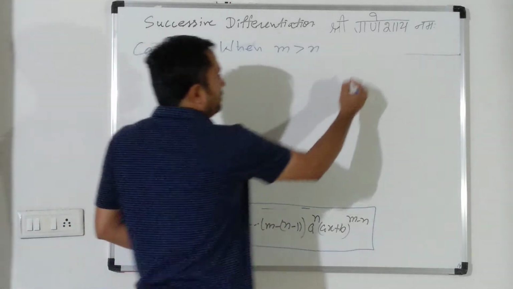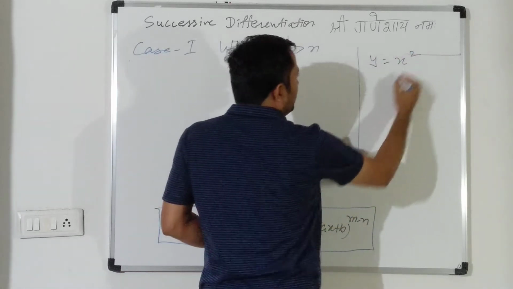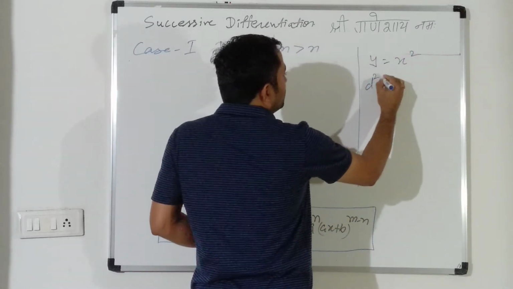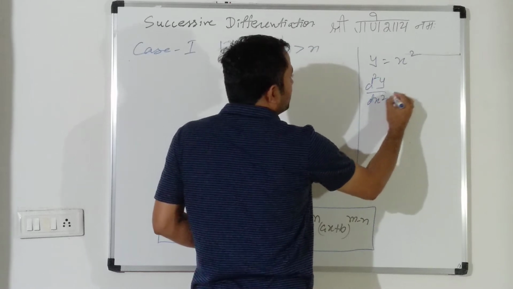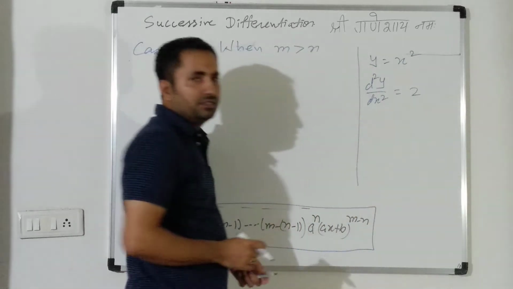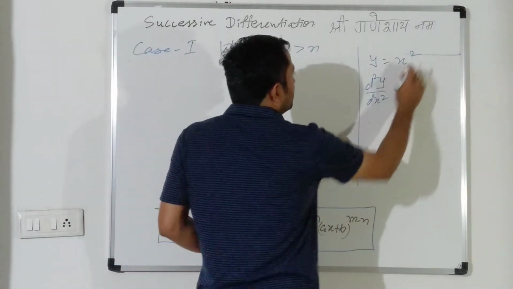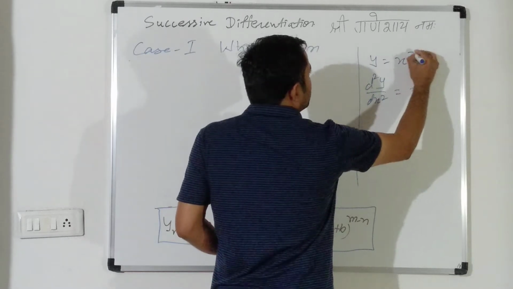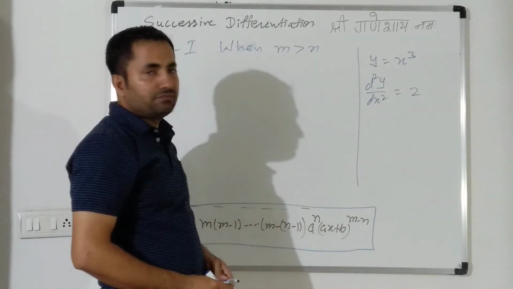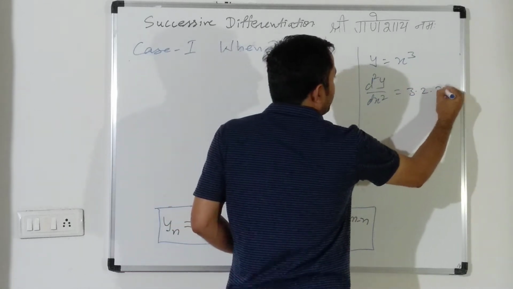For example, if y is equal to x square, then d2 over dx square is simple, it will be 2. If we write x cube, then it will be 3 into 2 into x.